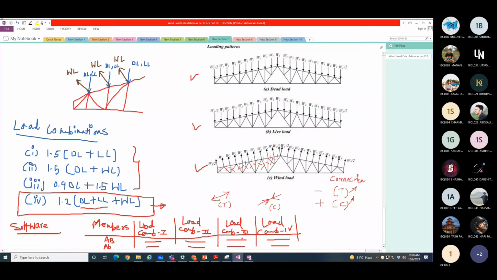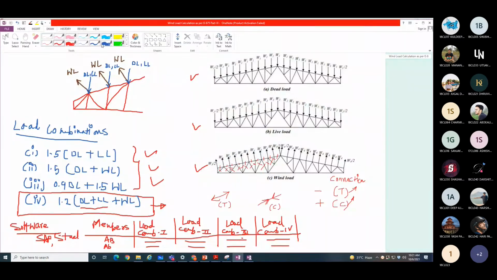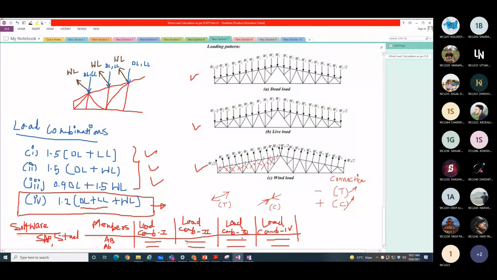You can use either SAP or STAAD to find the stresses in the member for all these load combinations, and whichever combination gives the maximum value.